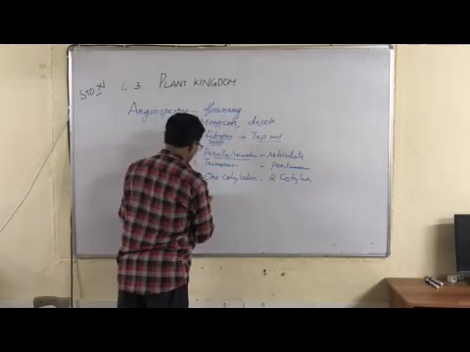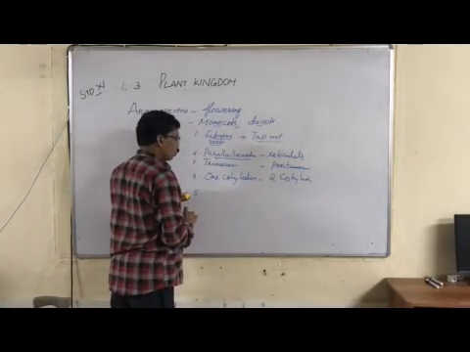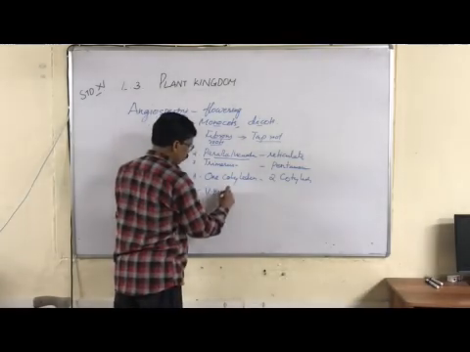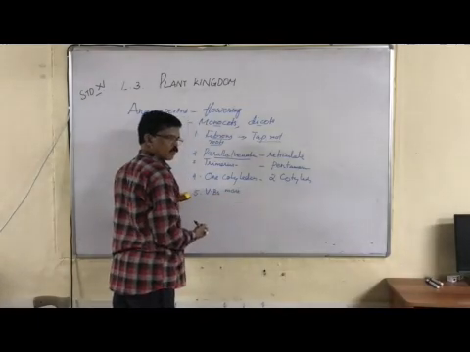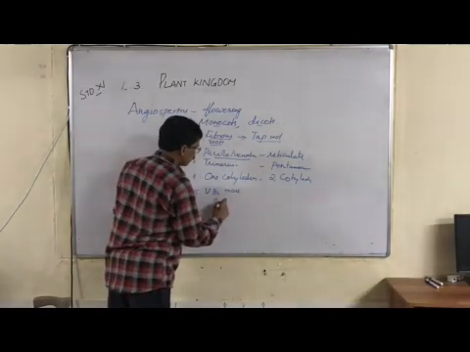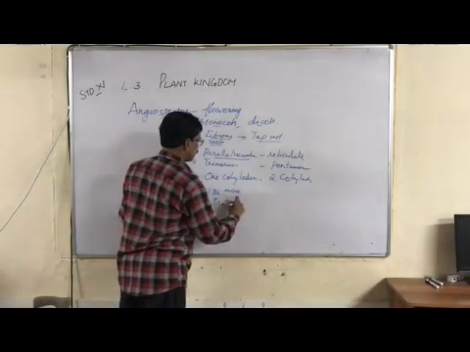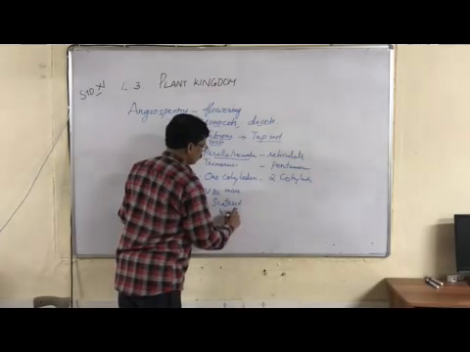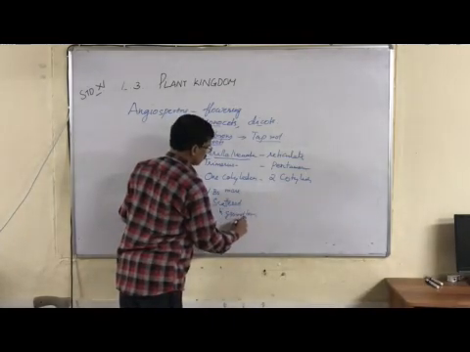If you come to the internal structure of the stem, in monocots the vascular bundles are more in number. If you take a cross section of the stem, the vascular bundles are scattered in the cortex or ground tissue of the stem.